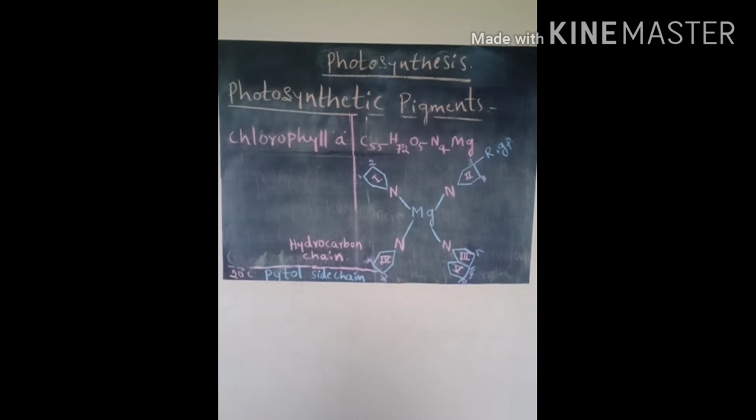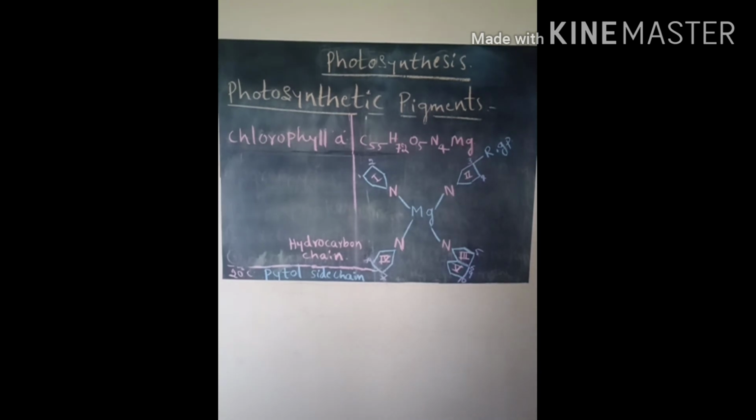Okay, usually the R group is present at the third carbon atom of the second chiral ring. Here it is the third carbon atom. In this position, the R group is present. The chlorophyll A molecule includes the methyl group at the R position, that is a CH3 group at the third carbon atom.